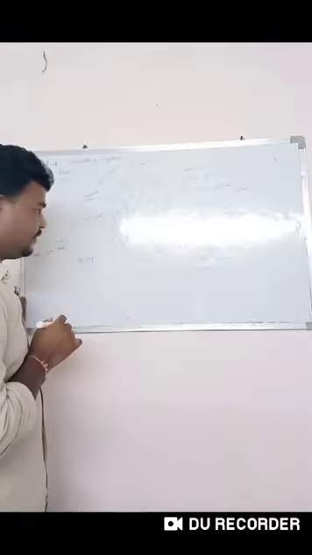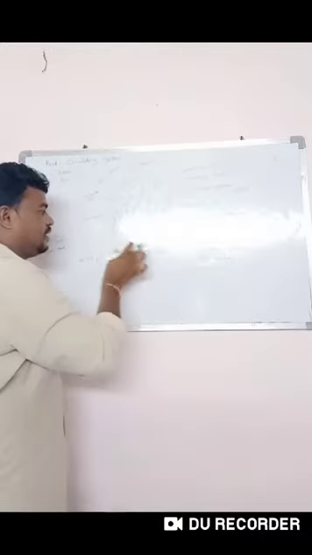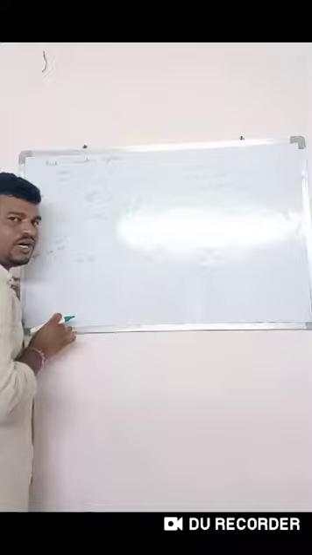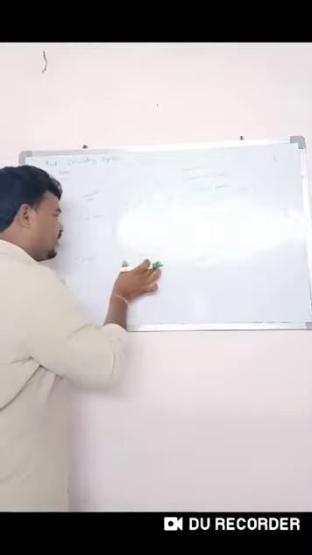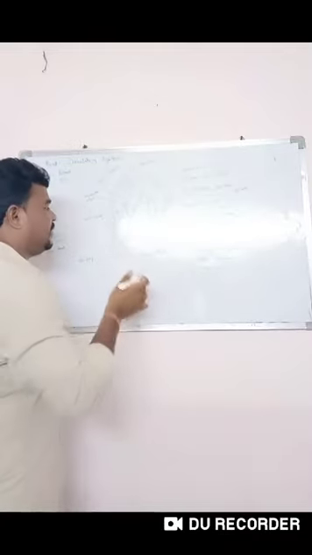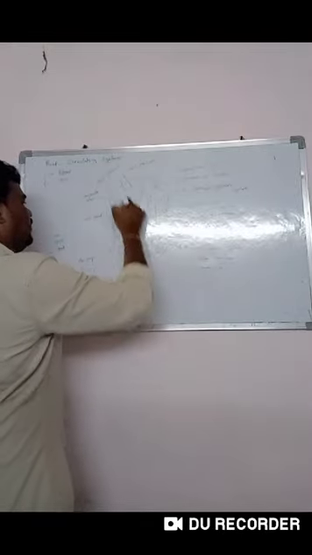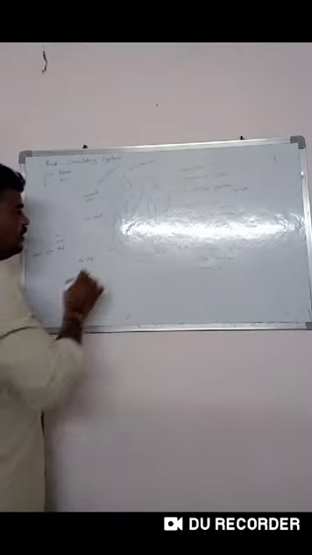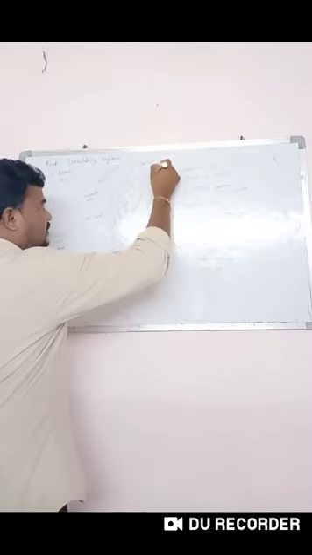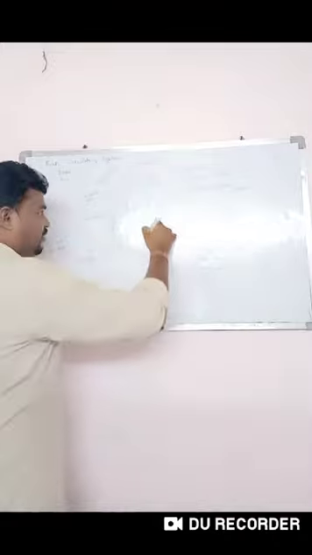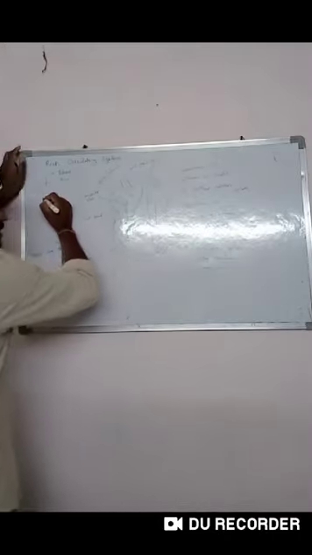Whenever the ventricles also contract, the blood flows from the respective ventricle to the respective arch. One arch arises from the right side of the ventricle, and in the same way one arch arises from the left side of the ventricle.